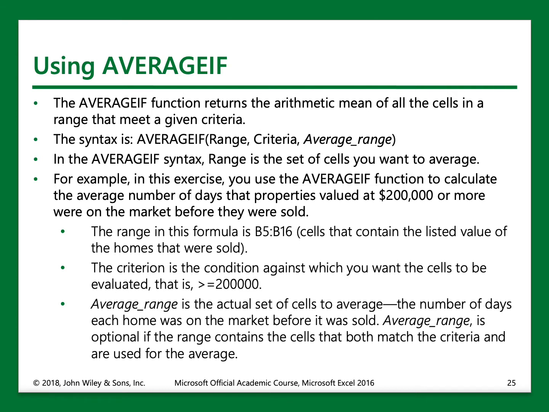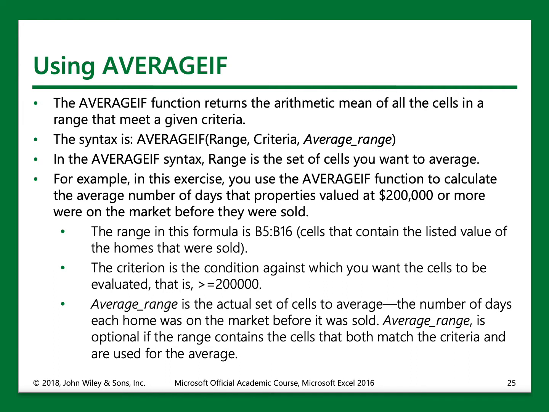So the arguments of the AVERAGEIF function are range, so what you want to check, criterion, to see that it meets that in the range, and then the average range, what you're actually going to average. So in this exercise, we're going to use the AVERAGEIF function to calculate the average number of days that properties valued at $200,000 or more were on the market before they were sold.